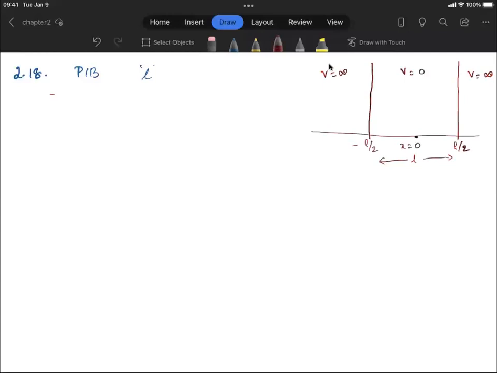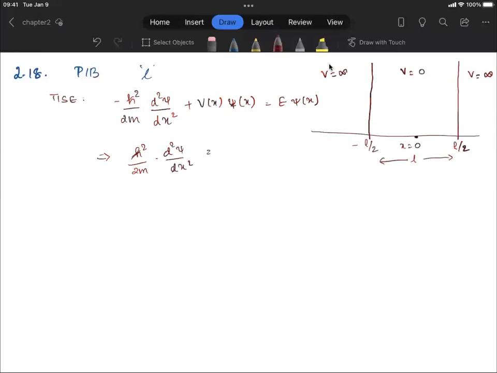Now, the time-independent Schrodinger equation would be this. I can write this as, I'm just moving things around.